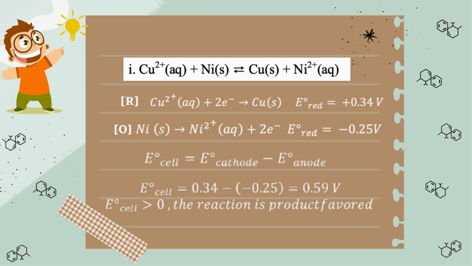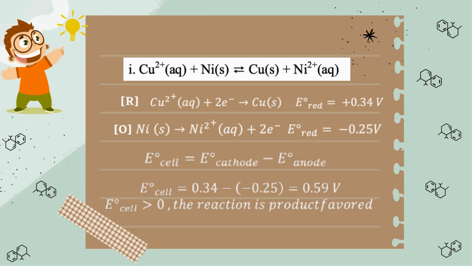Next, we need to identify the anode and the cathode. The cathode is where reduction occurs, which is the Cu2+ forming Cu half reaction, while the anode is where oxidation occurs, which is the nickel forming nickel 2+ half reaction.